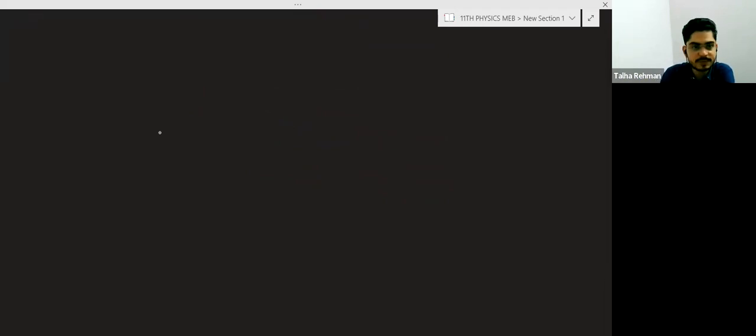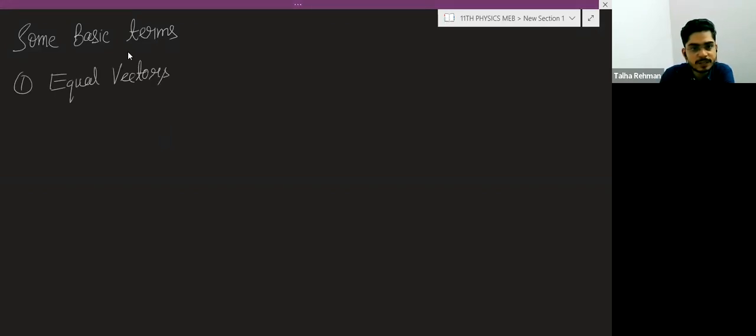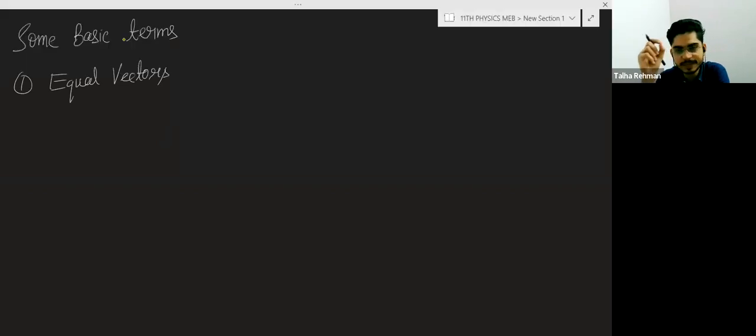So there are some basic definitions, some basic terms. First is equal vectors. What are the equal vectors? Equal vectors means the vectors have same magnitude and direction.